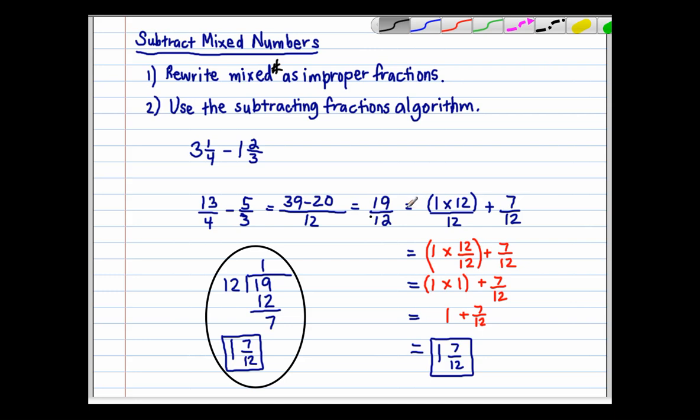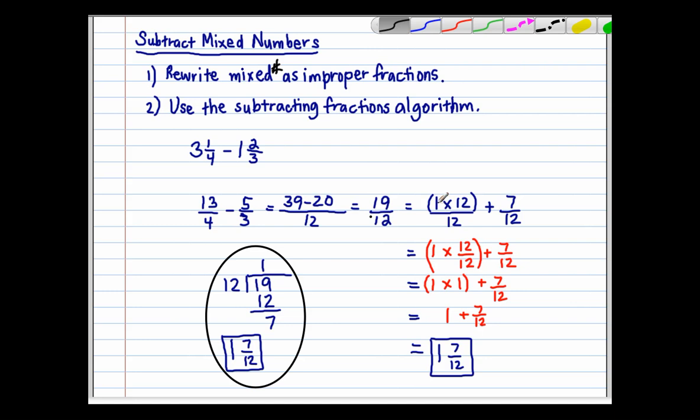And the way that we can think about this in terms of looking at the answer, we know that the numerator is greater than the denominator. So therefore I know that I'm going to have some amount of wholes and some part left over, some remainder. So I'm going to see how many twelfths it takes to make one whole. Well, if they're twelfths, then it's going to take 12 twelfths to make one whole, because 12 divided by 12 is one whole.